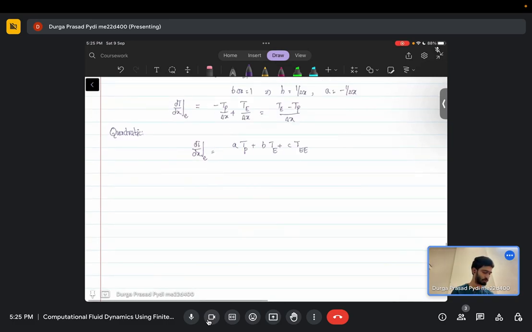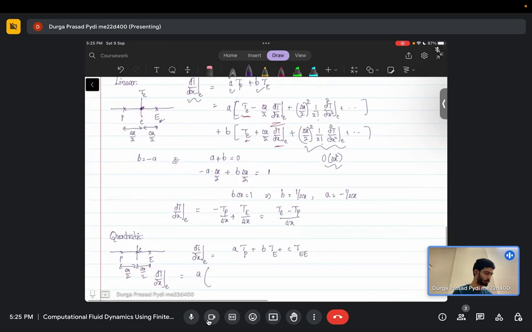The process is again similar. So this is my east face, this is P centroid, east centroid. The same equations come, but we will go another step.